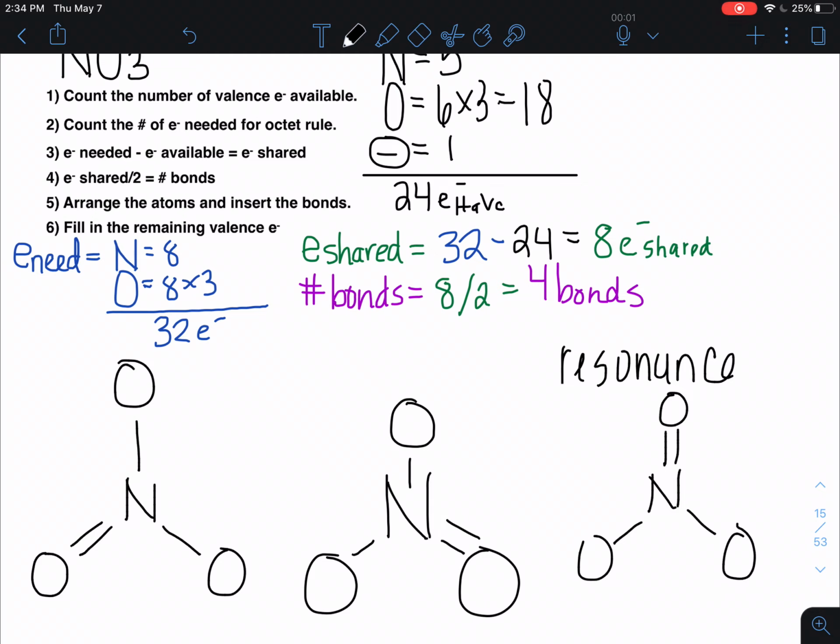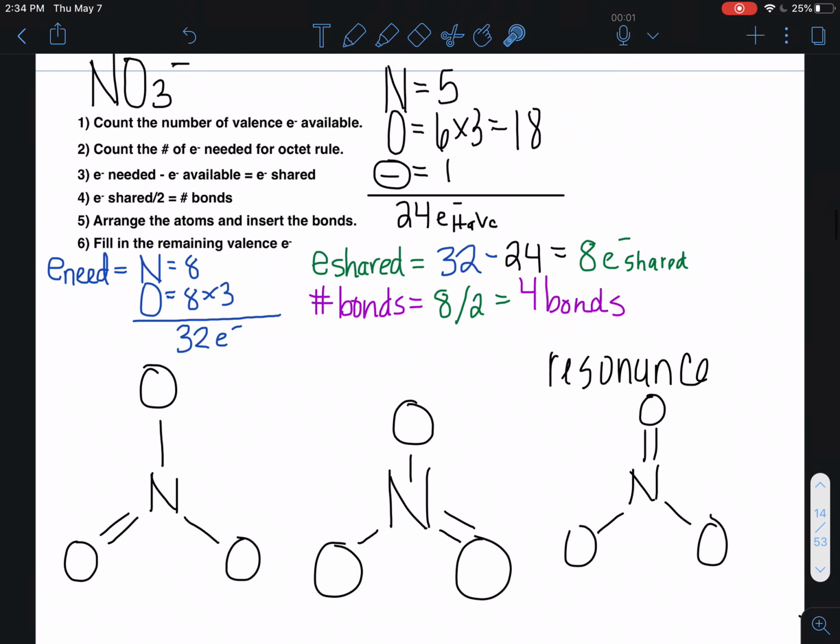Okay, so either way, these are the resonance structures. We're not finished, but in terms of double bond, these are the resonance structures of NO3, of the nitrate anion. These guys are all equivalent, right? And the real structure in real life is a mixture of all of these, okay? Because the double bond, it's equal, right? It doesn't matter. Double bond could be here, it could be here, it could be here, okay? We'll talk about resonance a little bit more, but I just wanted to introduce it to you quickly. Okay, so we're going to focus on this one for right now.